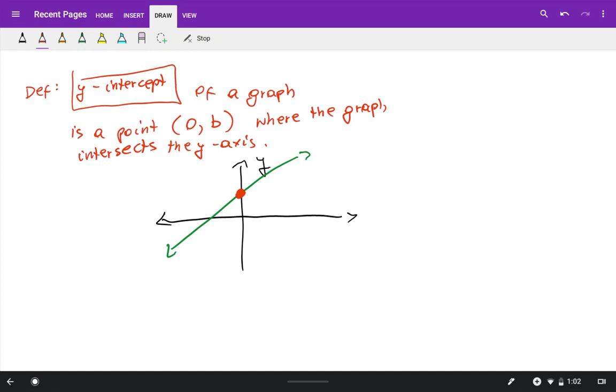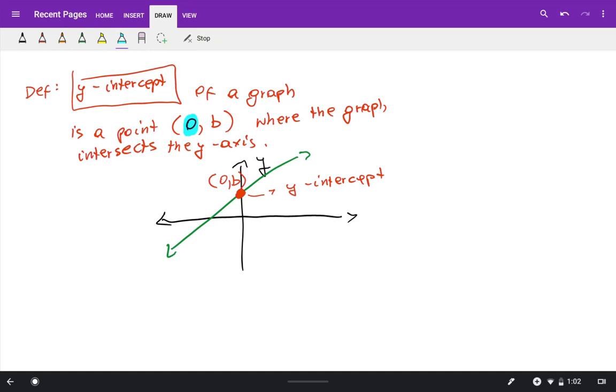It's the point where the straight line intersects the y-axis. And the y-intercept always has coordinates 0 comma b. So 0, that's the x coordinate, always equal to 0. The y coordinate is just the point on the y-axis, the coordinate which you read from the y-axis.